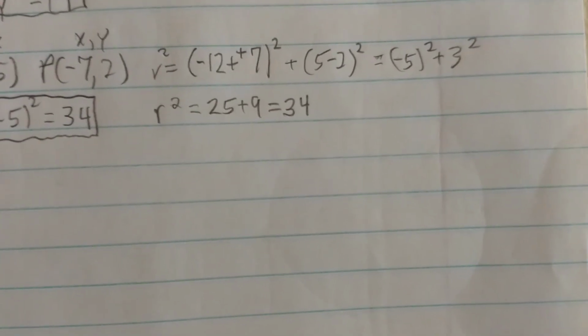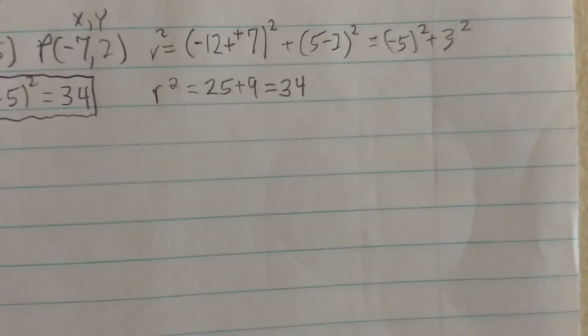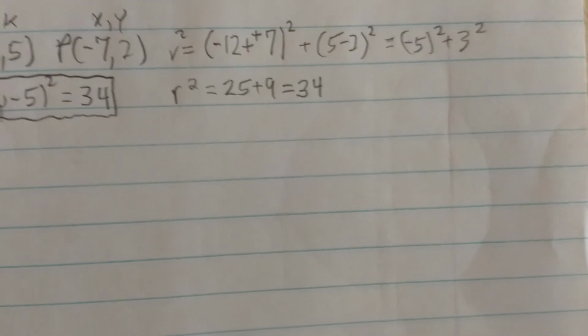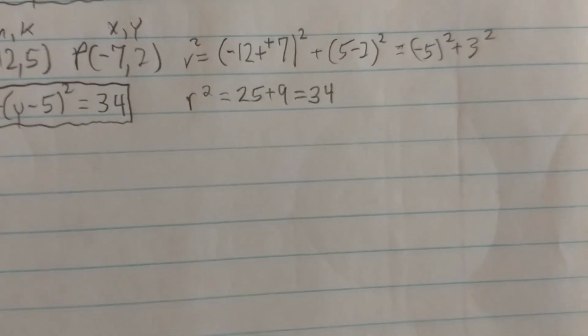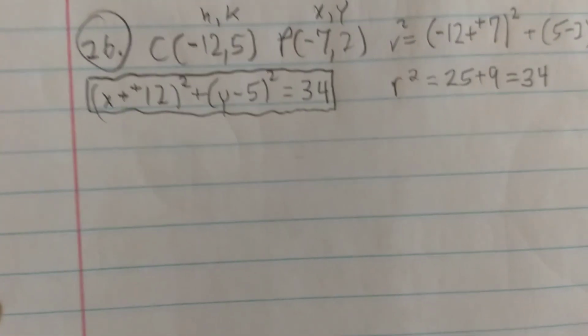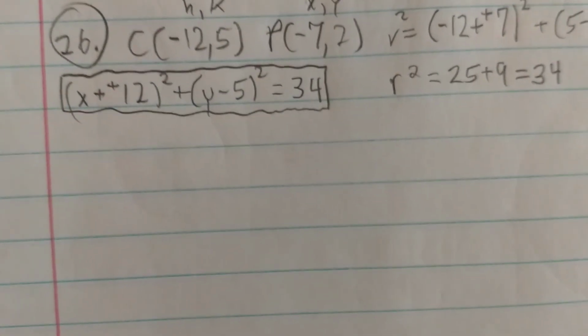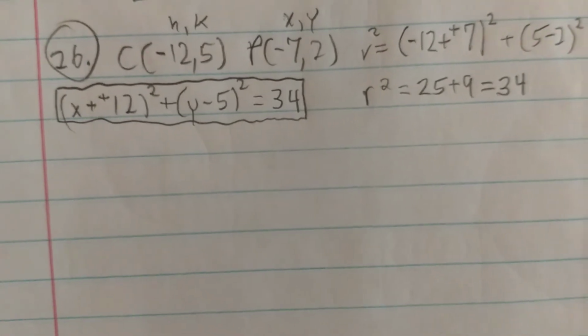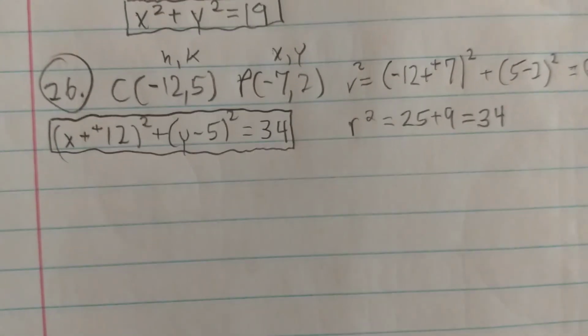So negative 5 squared is 25, plus 3 squared is 9, 25 plus 9 is 34, so r squared is 34, and x plus 12 squared plus y minus 5 squared is 34.